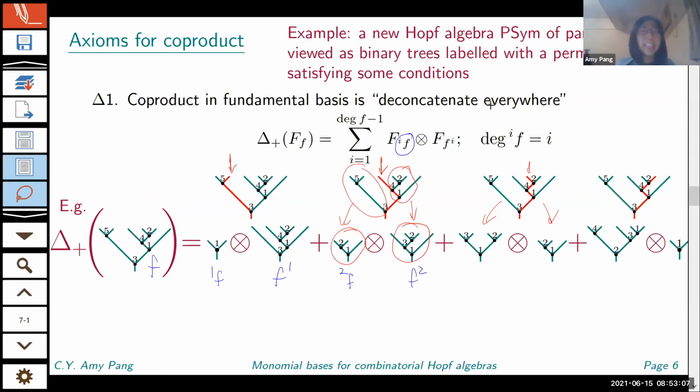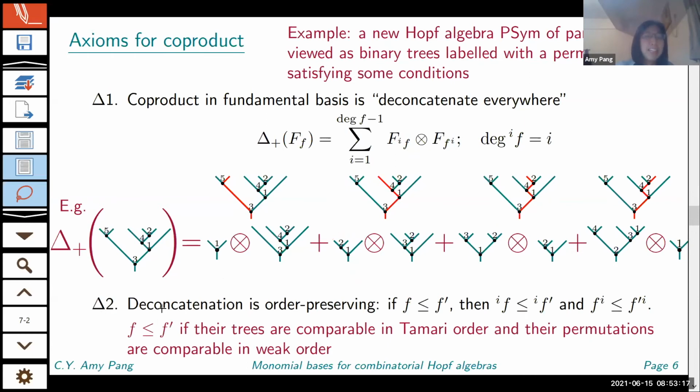And then, well, that's clearly not enough because I need to know something about the order, about my posets and how this works. So the second axiom is that the deconcatenation is order preserving, meaning if f is less than f prime, then after the deconcatenation, the inequality is still true for both parts of the cut.